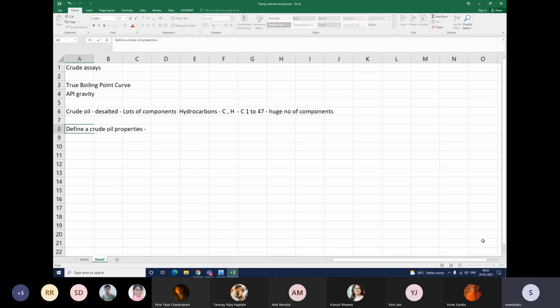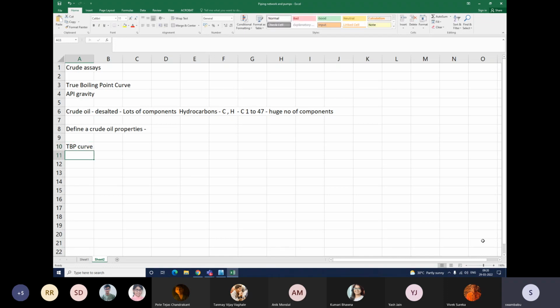It is very difficult to separate them into individual components, right? So the definition of crude oil properties is slightly different, and it comes from the true boiling point curve, or TBP curve, TBP data.